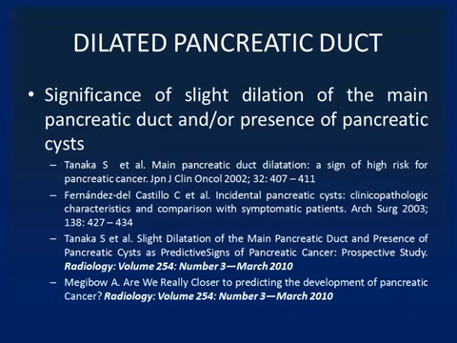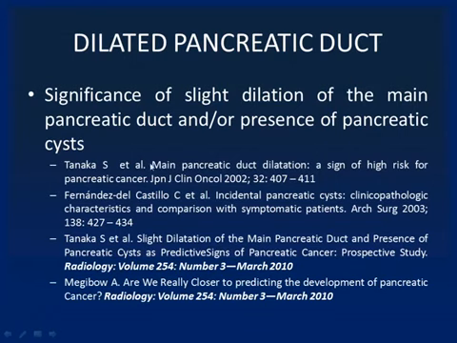So we have seen different cases in different pathologies of dilation of the pancreatic duct system. There is a controversy in the literature about the significance of slight dilation of the main pancreatic duct, associated or not with the presence of a pancreatic cyst.